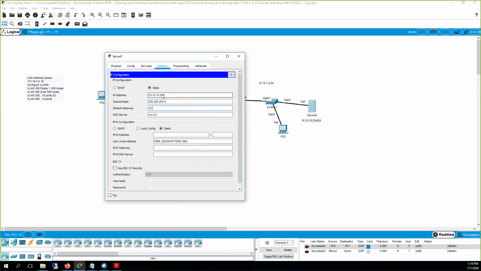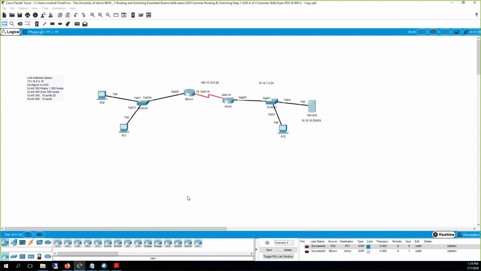Gateway .1. Okay. So then we'll try that ping again. It's going to fail because we have no routing.